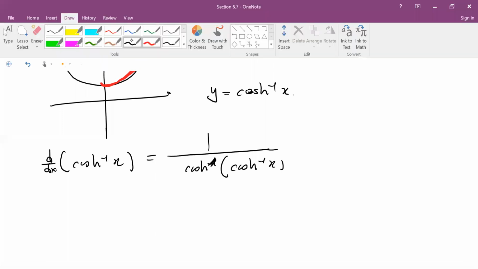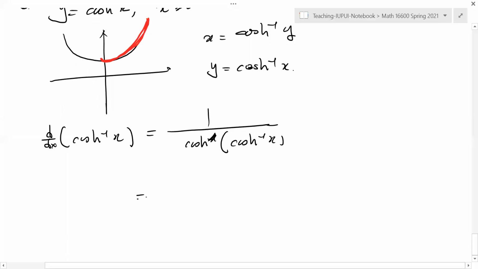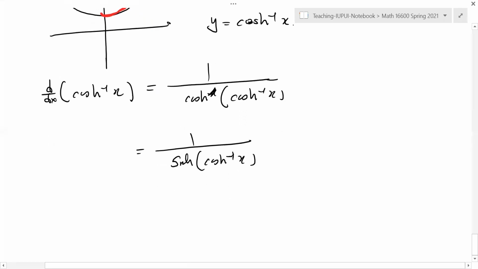Right, so this is going to be hyperbolic sine. All right. Then we have the identity. Remember, right? The identity is hyperbolic cosine squared y minus hyperbolic sine squared y equals 1.